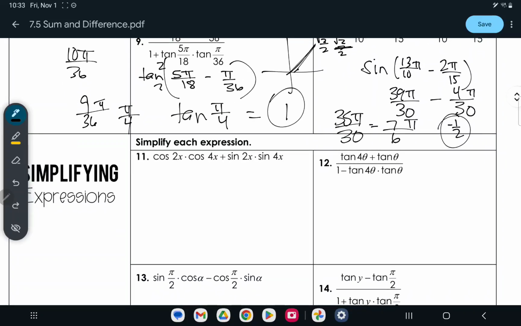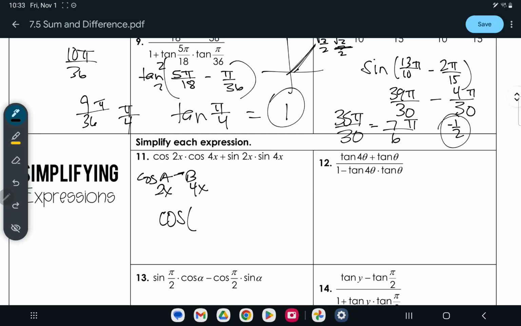All right, let's simplify these and see what happens. All right, let's see, cosine, cosine, sine, sine matches up. With it being plus, it's a cosine A minus B, where A is 2x, B is 4x.